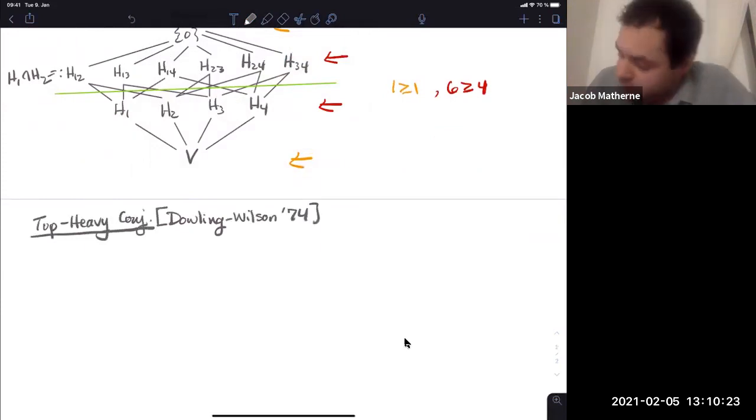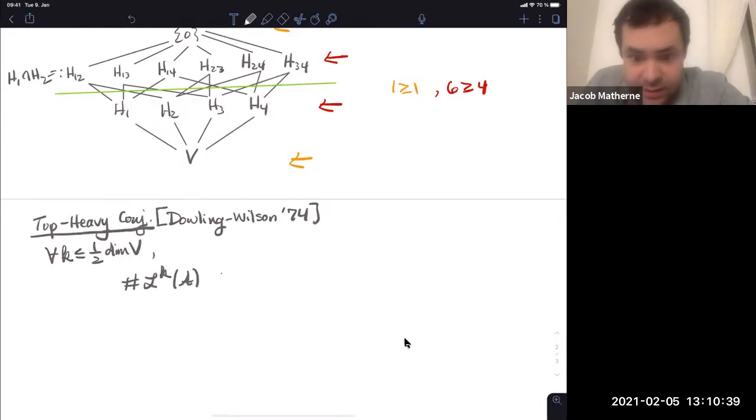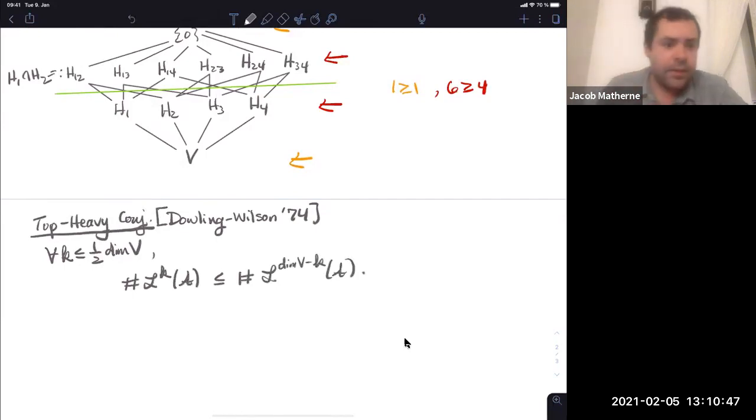And it says for every k less than or equal to 1/2 the dimension of the vector space, so this is saying that I can't cross this green line that I drew, the number of flats of codimension k is less than or equal to the number of flats of dimension k.